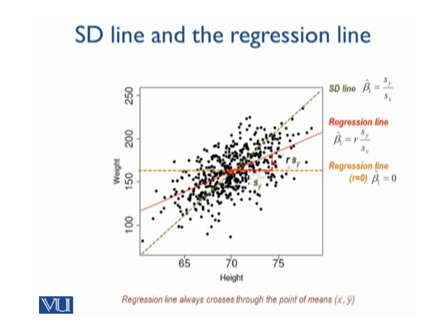So for every increase of sx, you have an increase of r sy. So the regression line is less steep than the SD line when the value of r is less than 1. Also, an important point to note is that all these lines pass through the center point, which is the mean of both x and y.